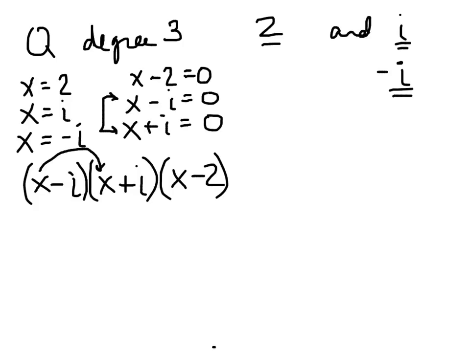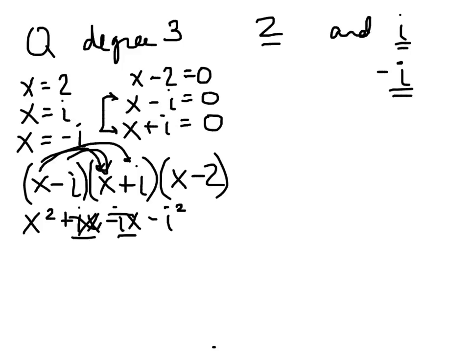So when I FOIL that, I get x times x is x squared plus ix minus ix minus i squared. These two will cancel each other out. And i squared from previous sections is equal to -1.